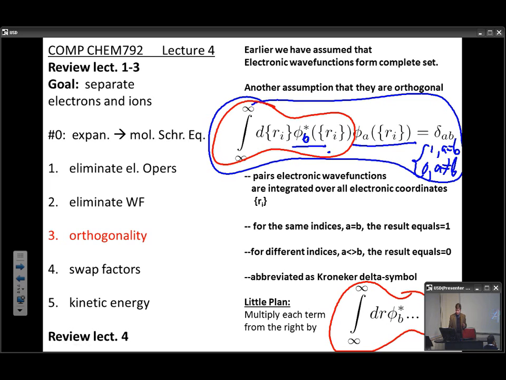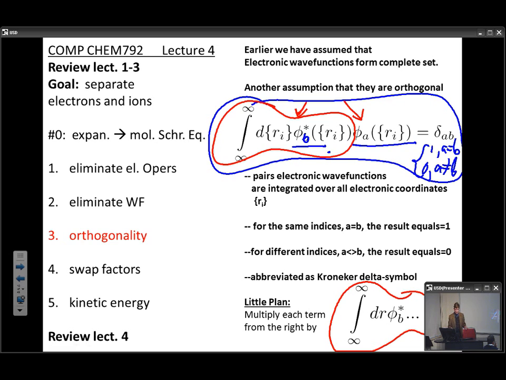So the idea is, if we perform the integration, then the wave functions with index A and with index B will convert, and instead of wave functions, we will have just numbers, which can be either 1 or 0.